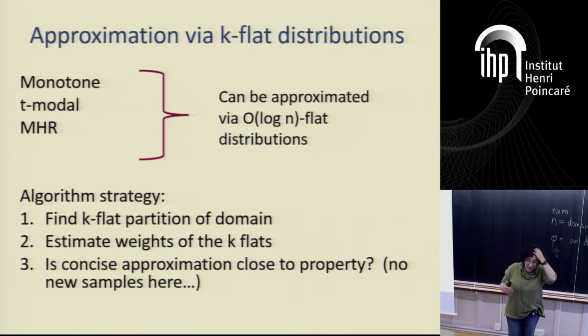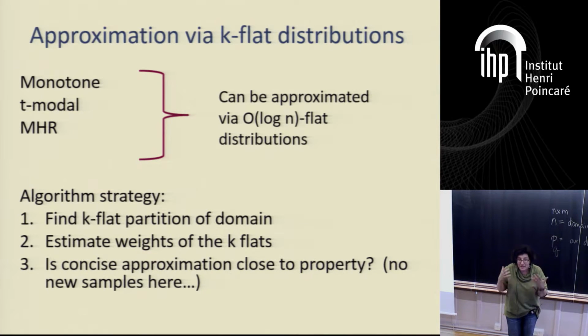So if we know that this class of distributions is well approximated by k-flat distributions for some k, then what we can do is somehow find a k-flat partition of the domain. We get this new distribution. In some sense, this is kind of like learning it, but I'm not going to learn it element by element.